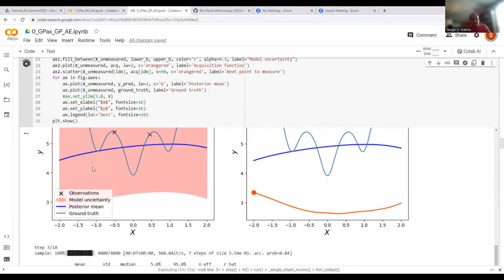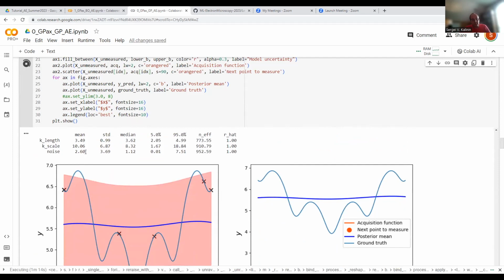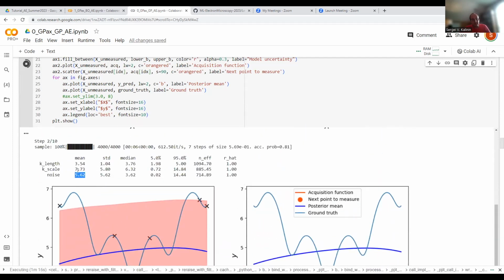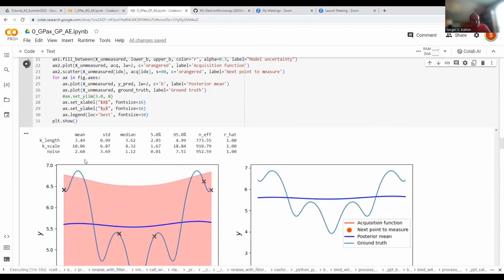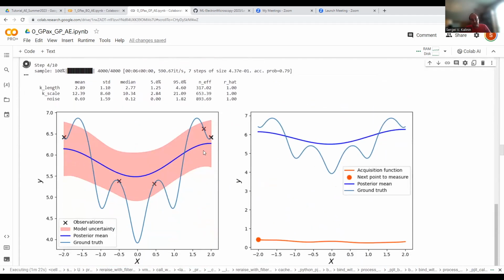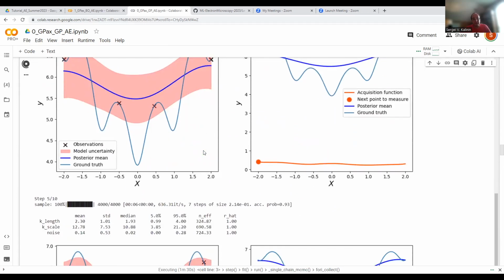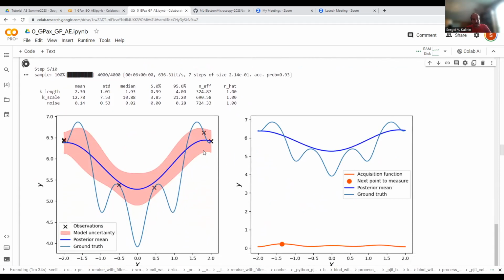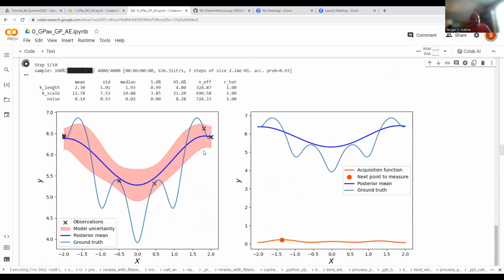So the values of the noise start to decrease: from 8 to 5 to 2.6 to 0.69. After several iterations, we actually learn to trust our measurements more. That's obviously not the most effective way to run the active experiment, but that's how it works.